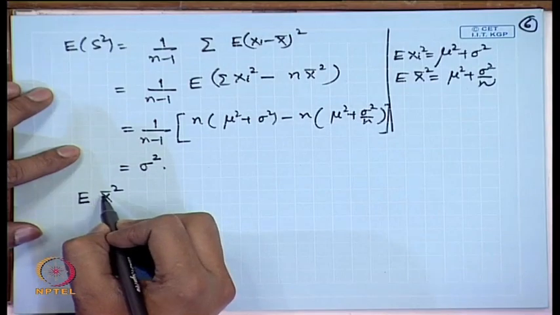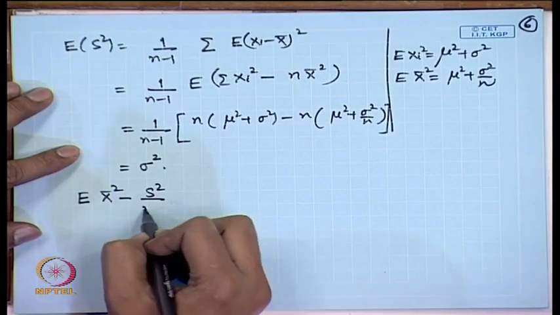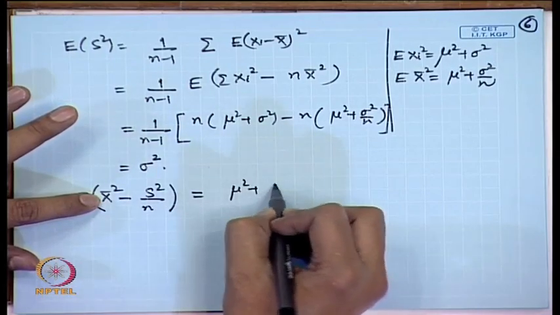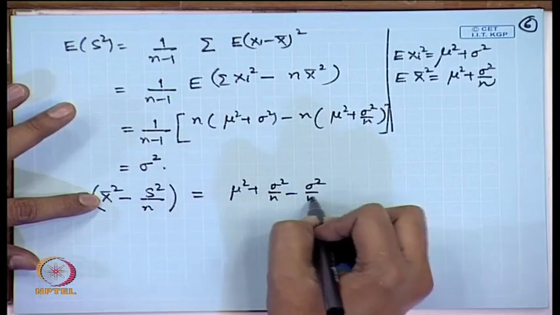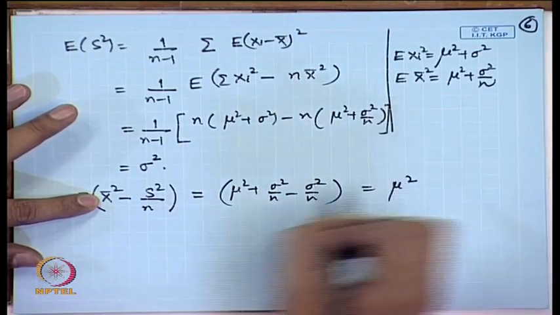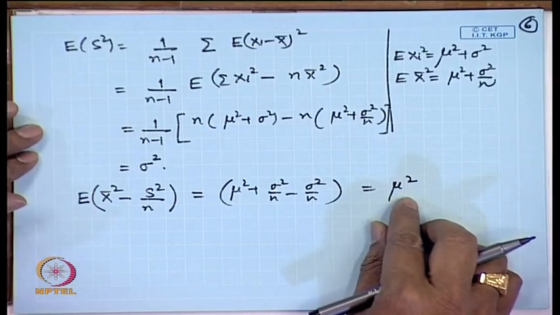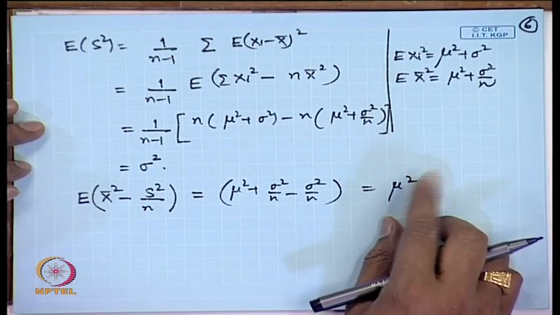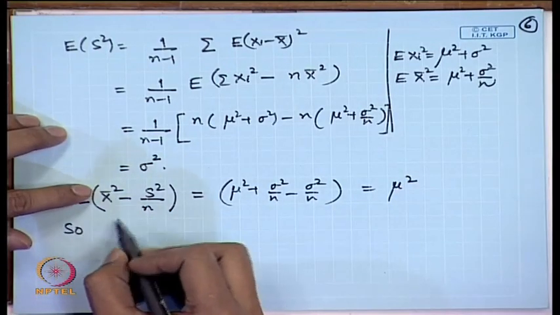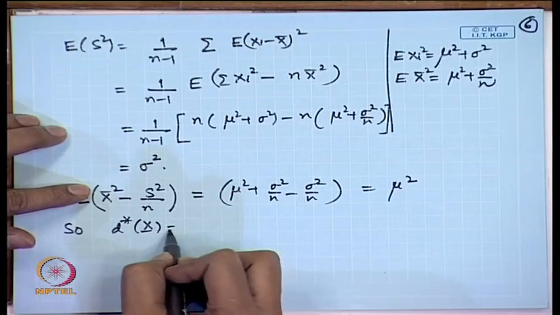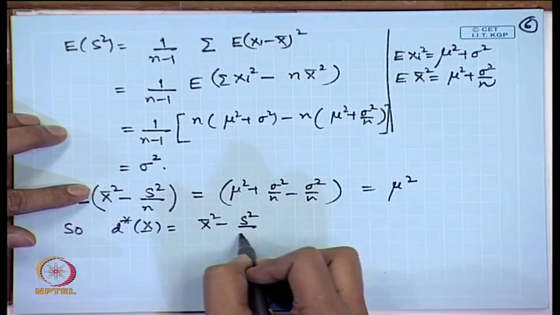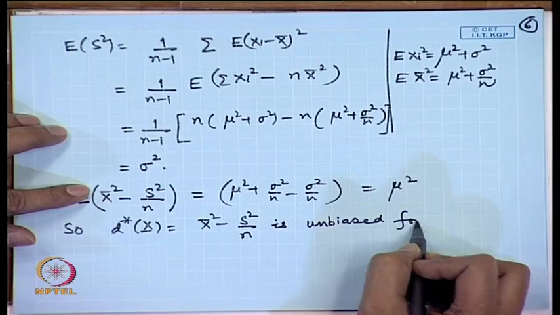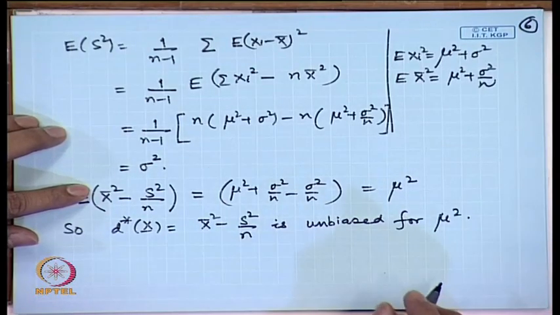So, we consider expectation of x bar square minus s square by n. This is equal to mu square plus sigma square by n minus sigma square by n. So, this is equal to mu square. That shows how we can estimate some related parameters in a given estimation problem using the concept of unbiasedness. Let me give a name here, say d star(x) equal to x bar square minus s square by n, which is unbiased for mu square.